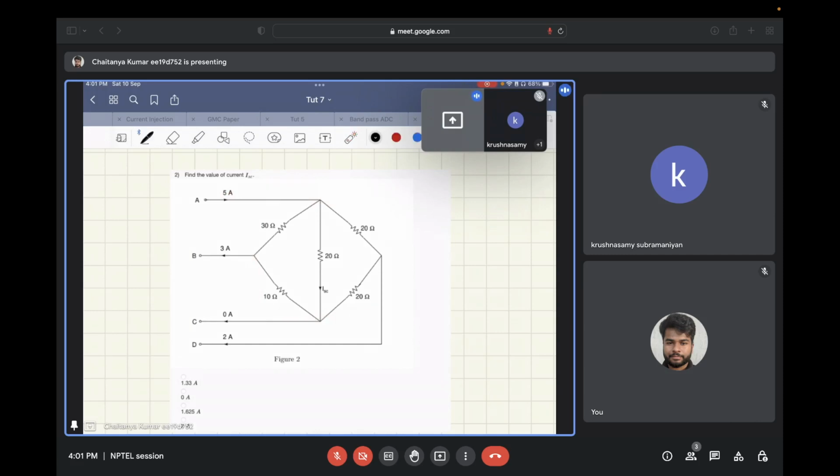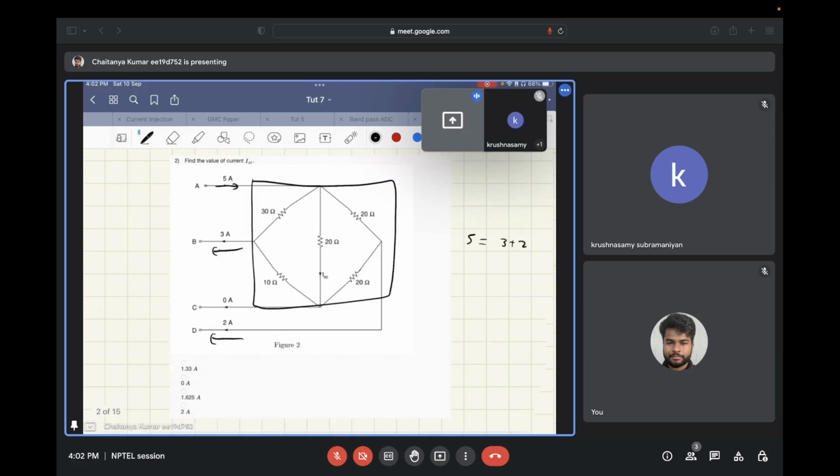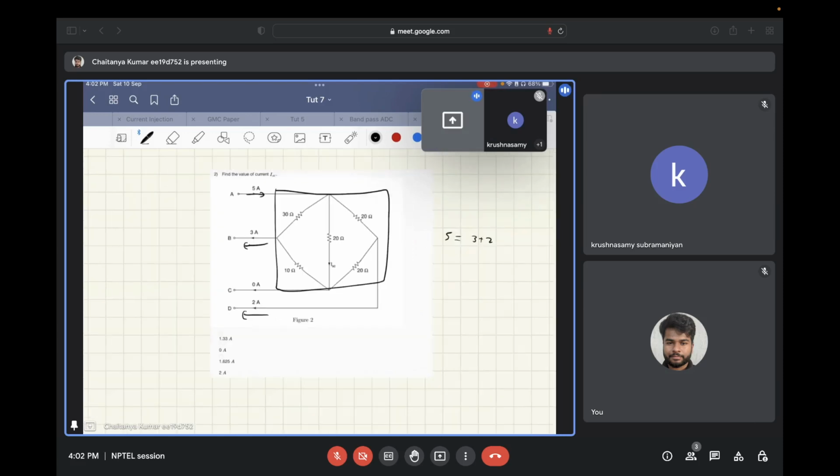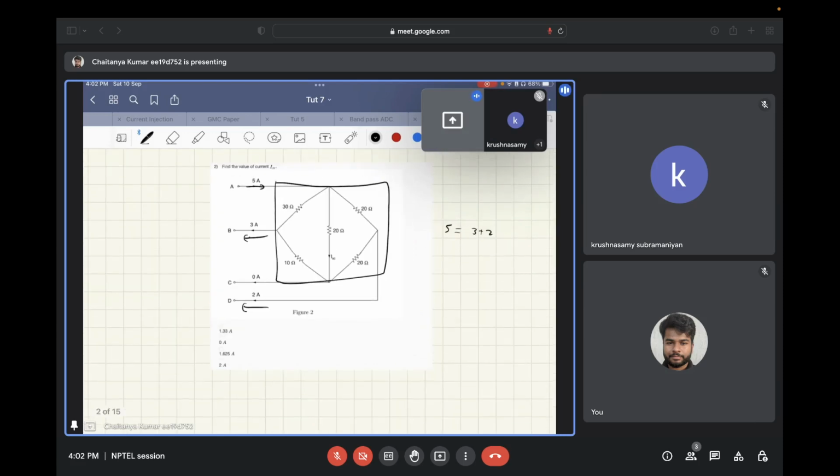So the 5 ampere current is flowing inside this network, and 3 ampere current is flowing through node B, and 2 ampere current is flowing through node D. So the total current flowing inside the network is equal to the current flowing out of the network. So the question is correct.